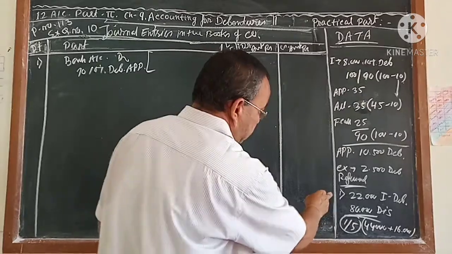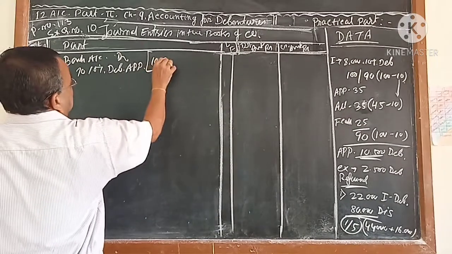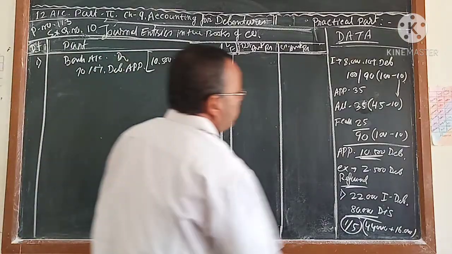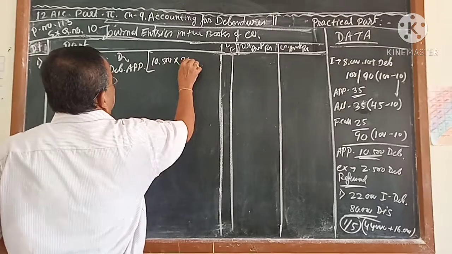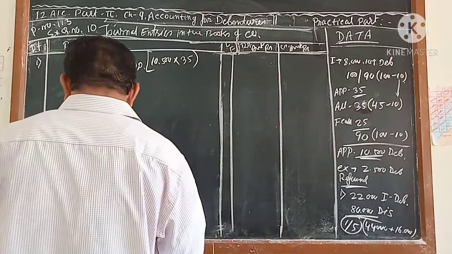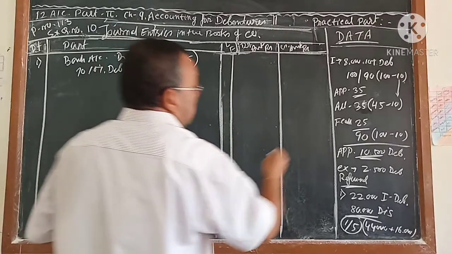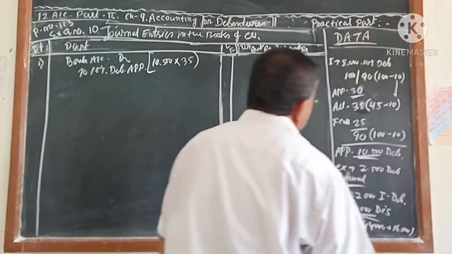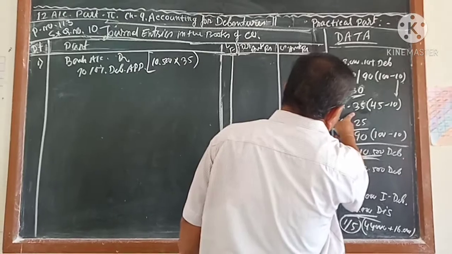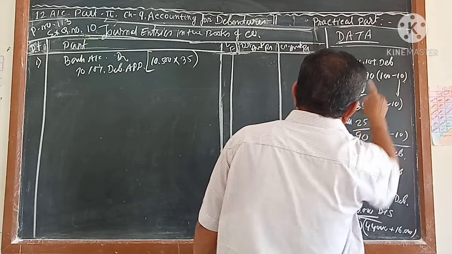Because we are going to collect that one, 10,500 debentures of rupees, not 100, of rupees 30.